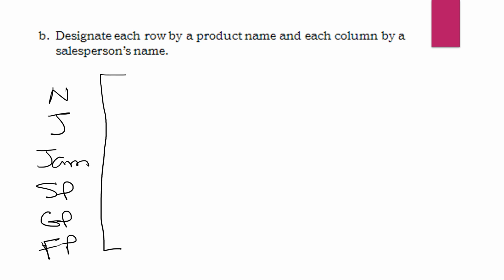And then I only had 3 salespeople. And my salespeople at the top are going to be Keys, Zhang, and Troy. And again, we're still going to fill in that same information, but you'll notice we're going to have the data going vertical for each person instead of horizontal like the last time.